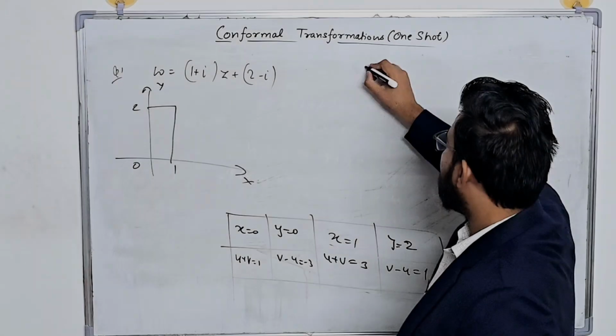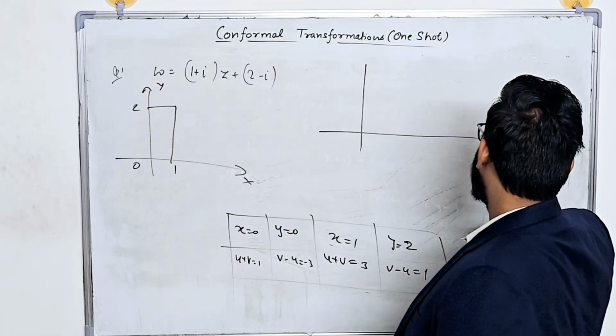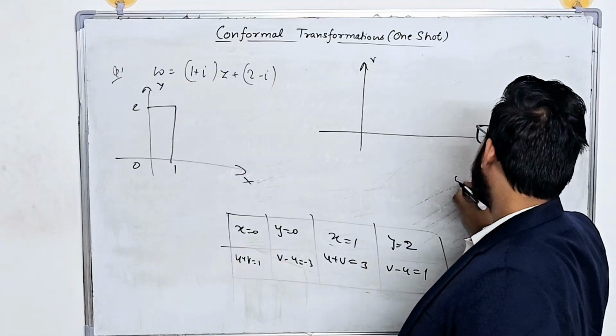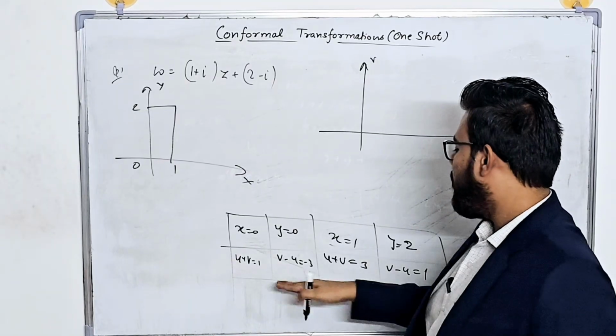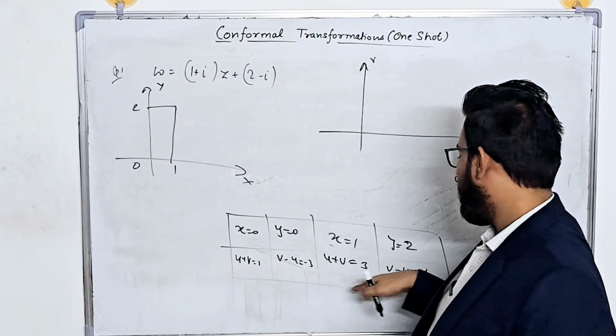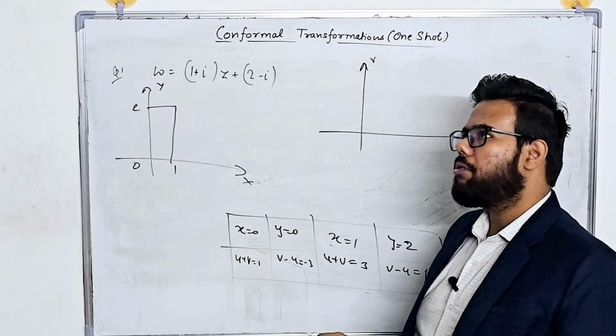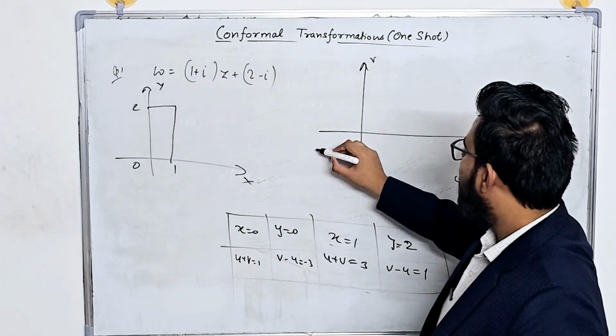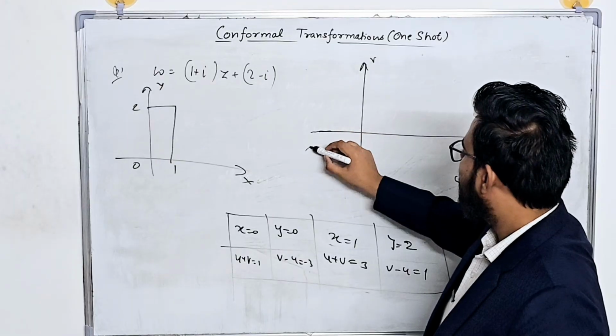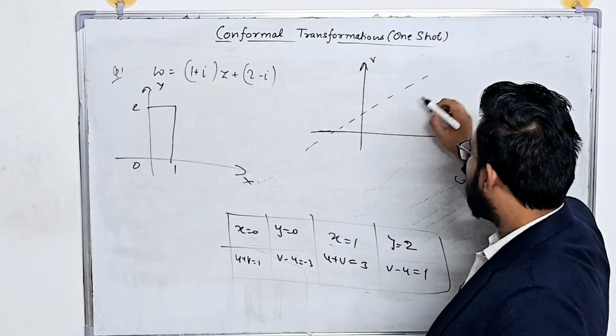So now let's plot this. Let me erase this. So this is our u plane or w plane. This is u, this is v, this is w plane, okay? And now we have these lines. So v is equal to u plus 1, right? So it goes somewhat like this, correct?